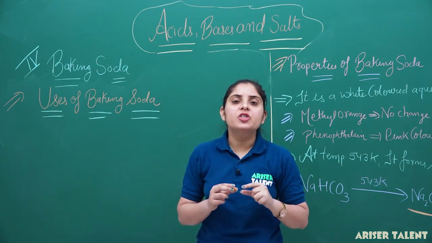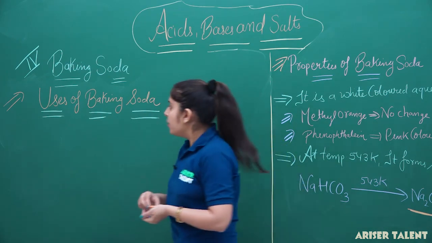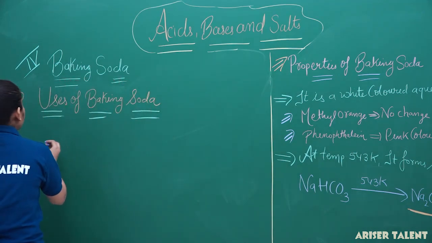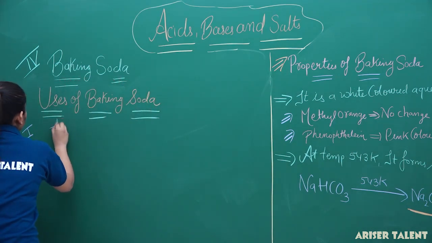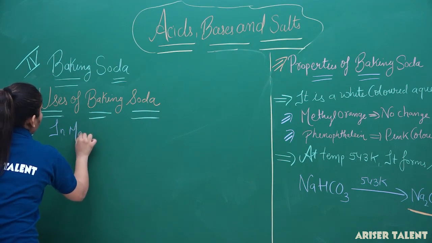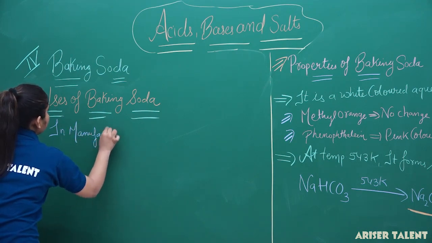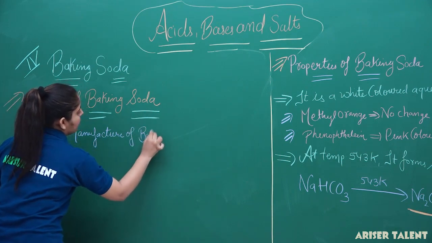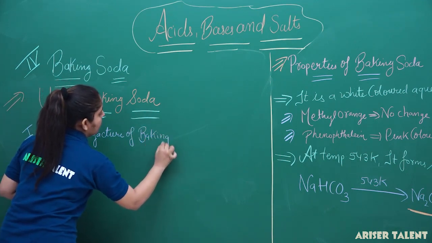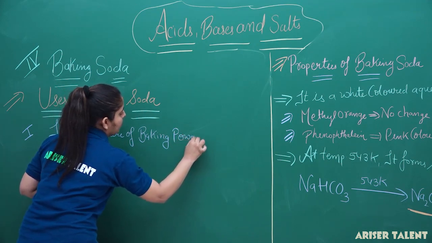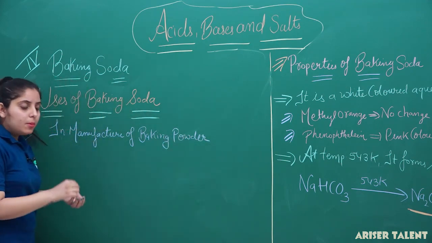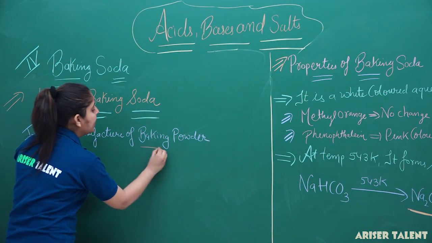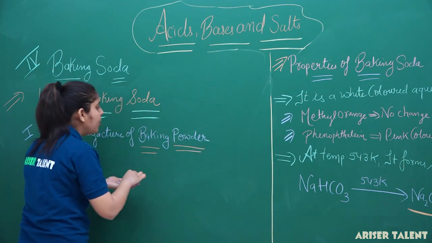Now we will see the reaction of the making of baking powder. So its first application will be in manufacturing of baking powder. So it is used in the manufacturing of baking powder, and baking powder is what?